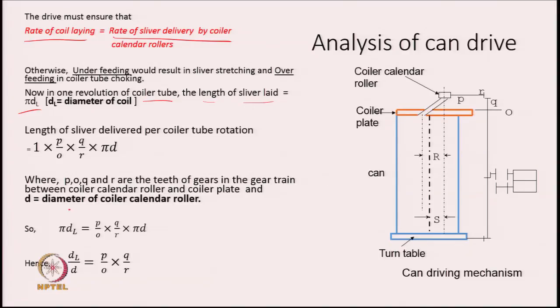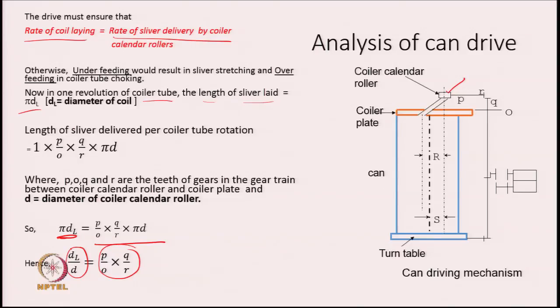Small d is the diameter of the coiler calendar roller, that is, this roller which is the coiler calendar roller. So, theoretically, as per this stated condition, pi dl must be equal to this, and from here we can write that small dl by d is going to be equal to this.